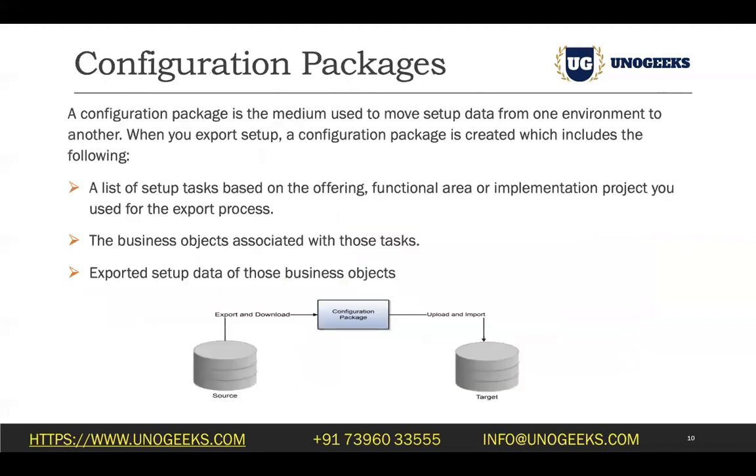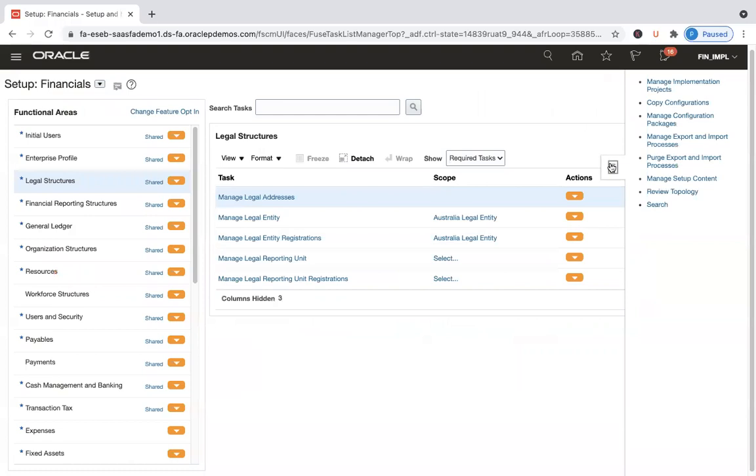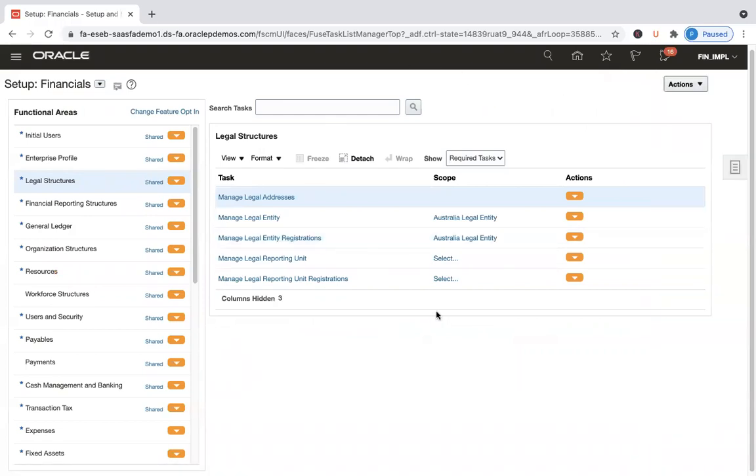And we have done this. There is a concept called configuration packages. In Fusion Cloud implementation projects, if you get your setups right in one instance, that is enough. You don't have to repeat the same setups. The functional consultants need not spend those 2 or 3 weeks to set up the financials offering again in a SIT or UAT.